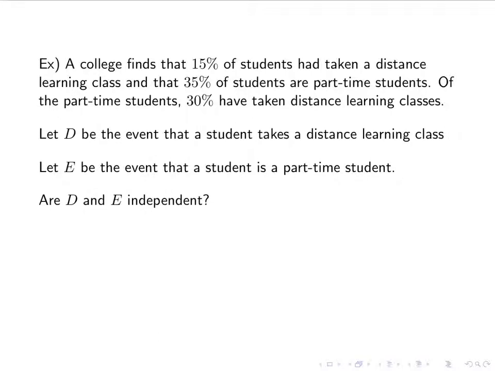We have to prove one of those three equations. So given the information we have, we can find the following. The probability of D given E is 0.3. The probability of having taken a distance learning class, given that it's a part-time student, is exactly the 30% that we have written up here.